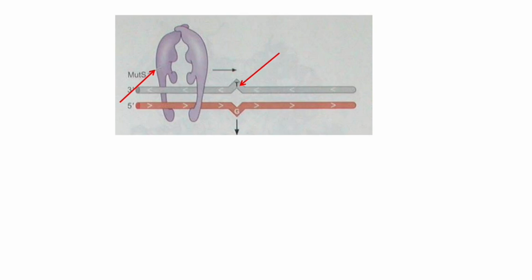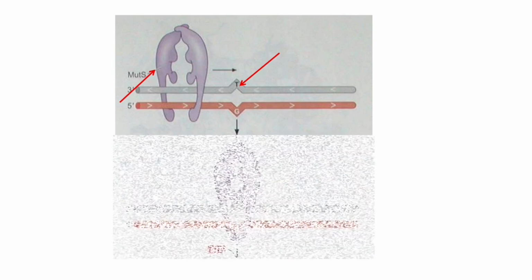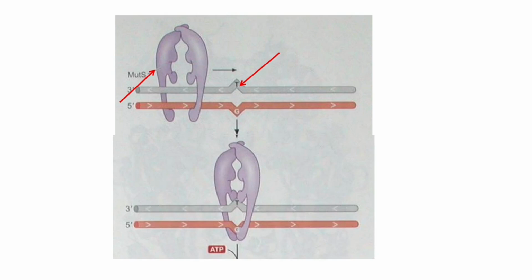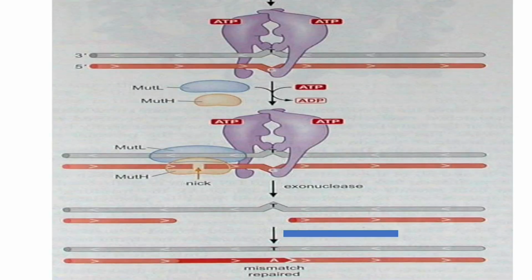The mismatches are true mismatches plus loops caused by insertions or deletions of up to 4 nucleotides. It binds to the mismatch containing DNA, inducing a pronounced kink in the DNA and a conformational change in the MutS itself. The next step is where MutL now binds to the MutS-DNA and stabilizes the complex.